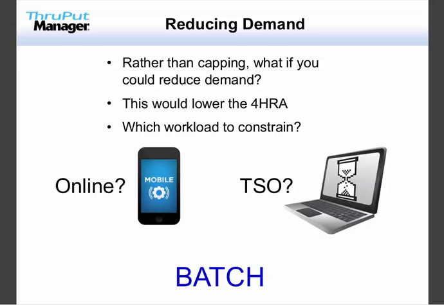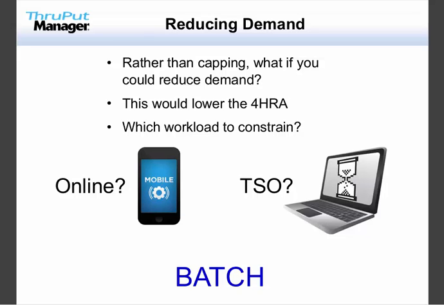So rather than capping, what if you could reduce demand, as said here? This would lower your 4-hour rolling average and your resulting monthly license charges. Now, what would you reduce if you did have this control? I think it's fairly obvious from what we're saying here. You can't really reduce online transactions where you've got a human being, potentially paying for a bill at a restaurant or paying for a shopping bill or something like that.